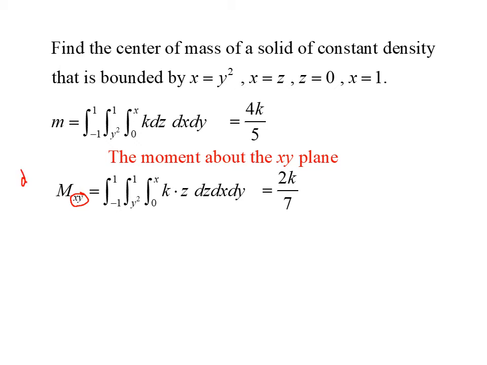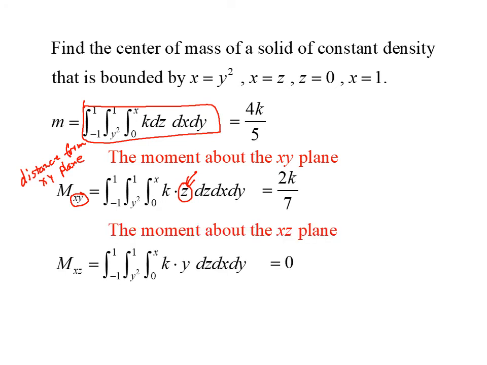The moment about the xy plane means we need the distance from the xy plane. Well, the distance from the xy plane is z. So we take this exact same integral and insert a z.